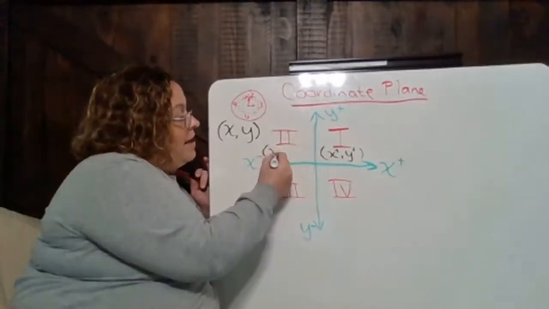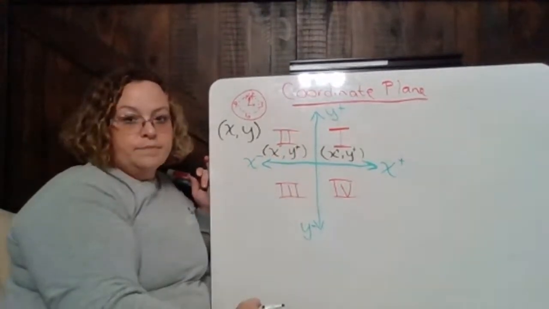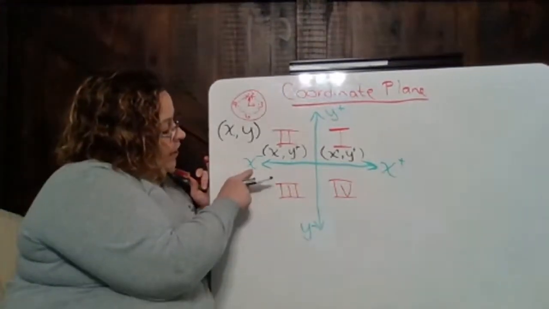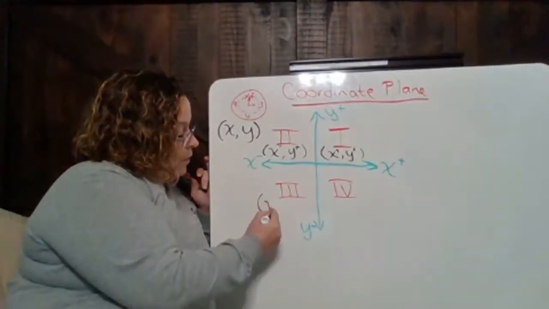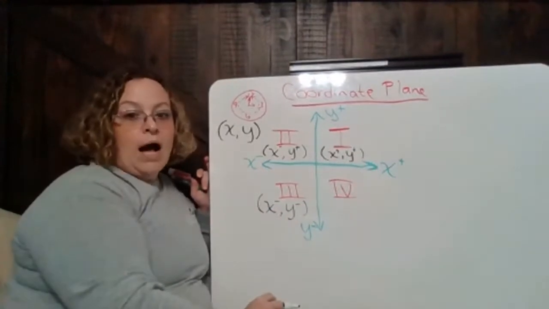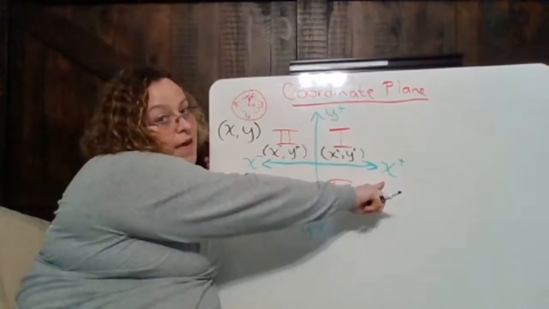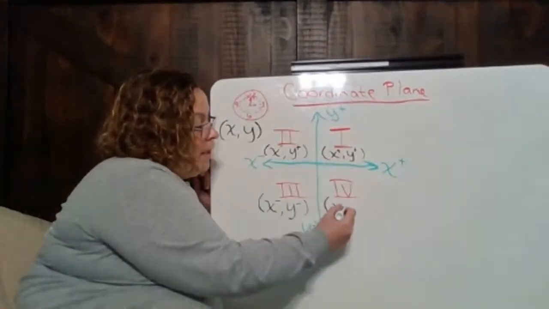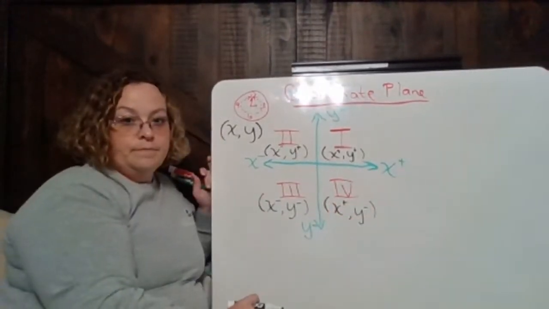So I have a negative X and a positive Y. Now, quadrant 3, if you look here, I'm at a negative X and a negative Y. So my ordered pair will be a negative X and a negative Y. And then if you look at quadrant 4, I'm back to a positive X, but I'm still at a negative Y. So my ordered pair will be a positive X, but a negative Y.